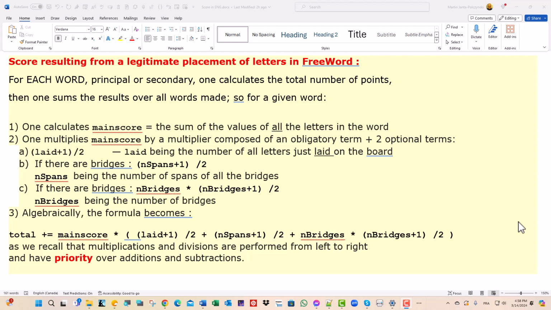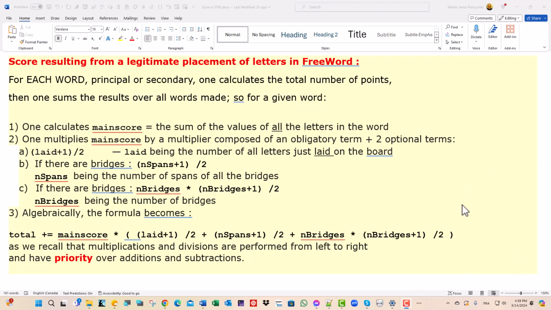So if there are several words, for each word you must calculate the main score, which is the sum of the values of all the letters, and multiply it by a multiplier which has one fixed part, which is laid plus 1 divided by 2. Laid is the number of letters just laid on the board. And if there are bridges, then you add more items into the multiplier.